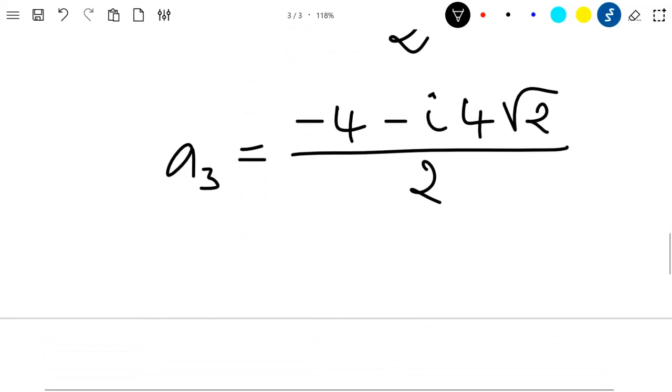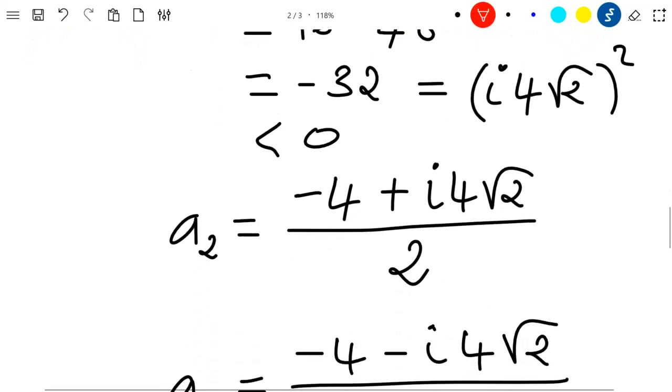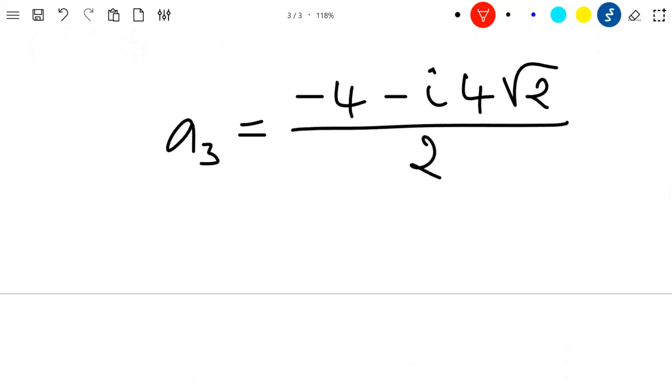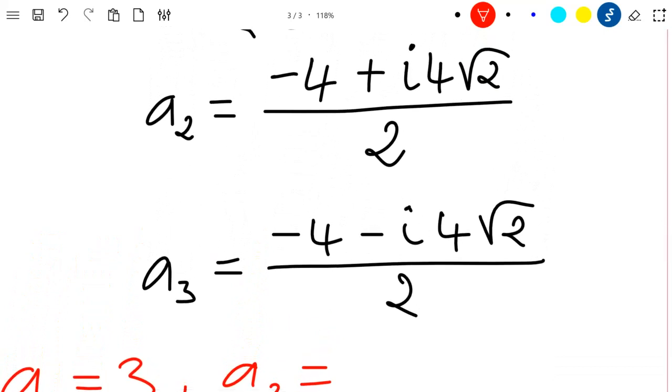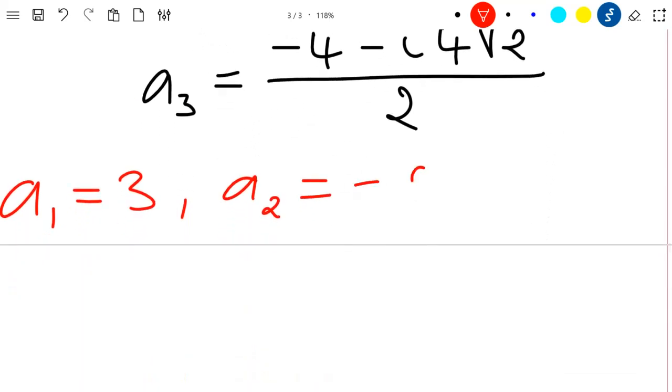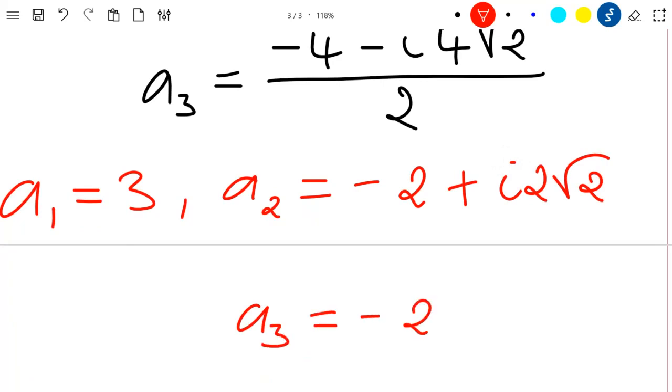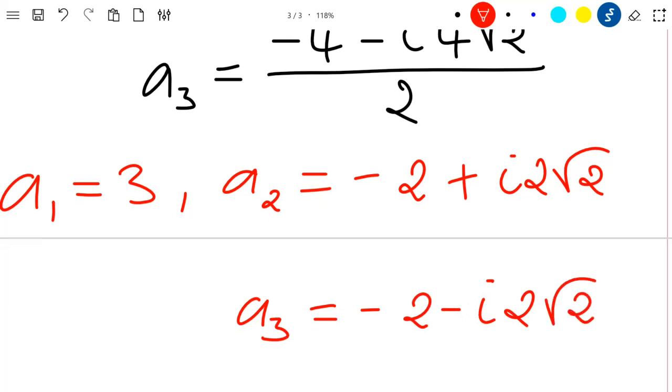If we simplify, we see that our three solutions are a1 equal to 3, a2 equal to -2 + i 2 square root of 2, and a3 equal to -2 - i 2 square root of 2, okay.